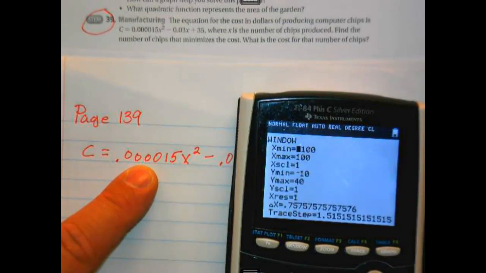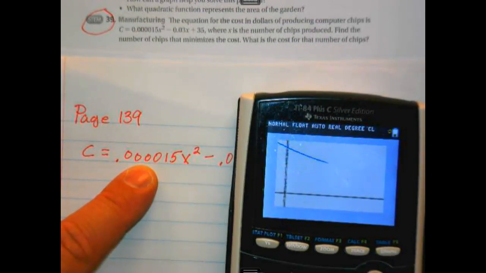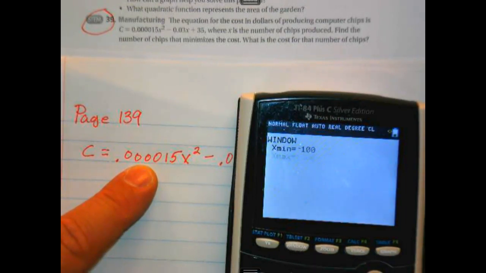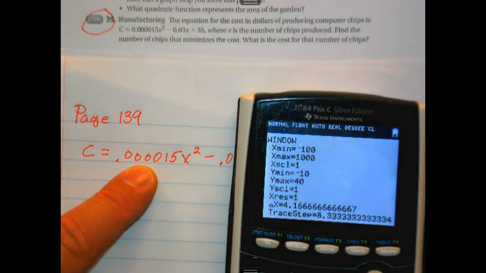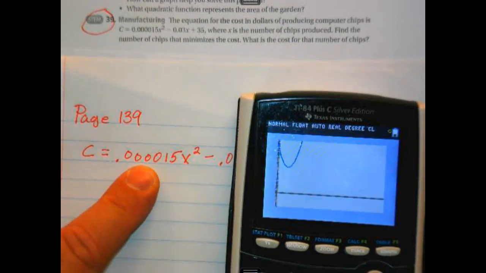Let's try 1,000 max. Oh, we almost got it. Let's try 2,000. Why not? Let's go for it, 10,000. Does it work? Look at that.